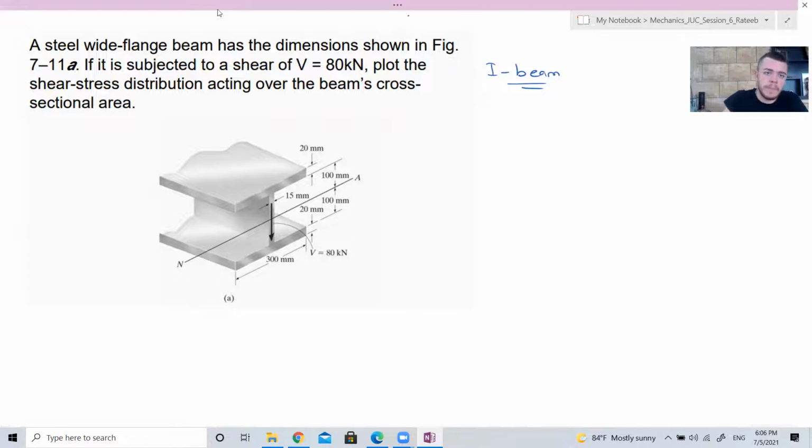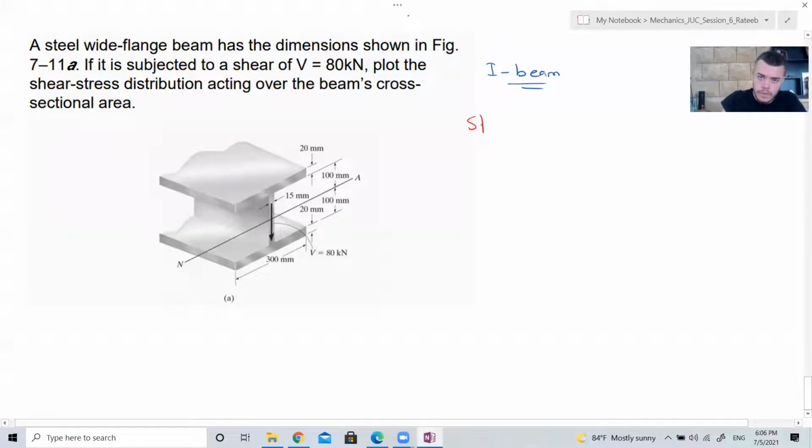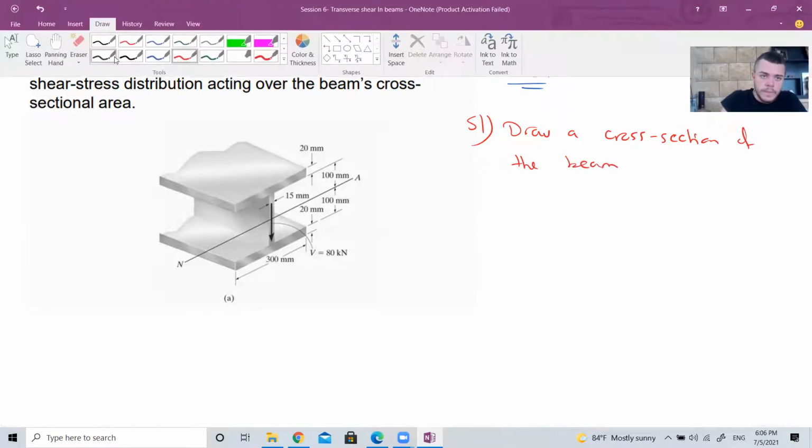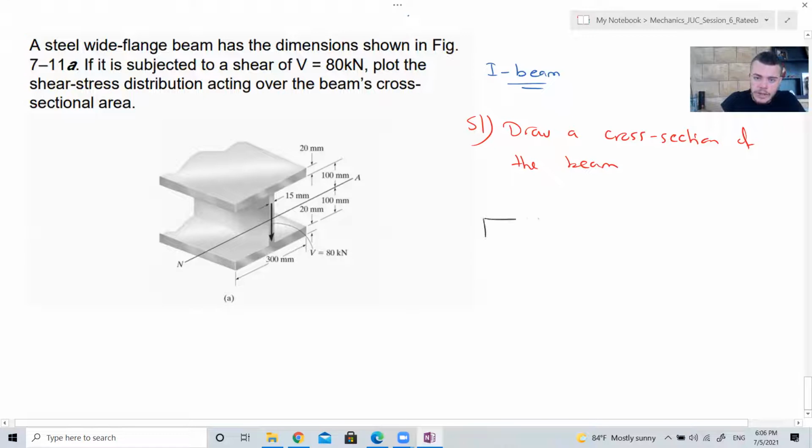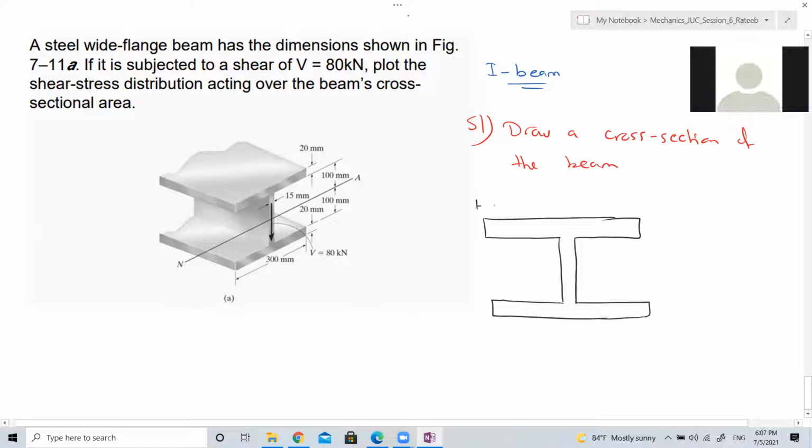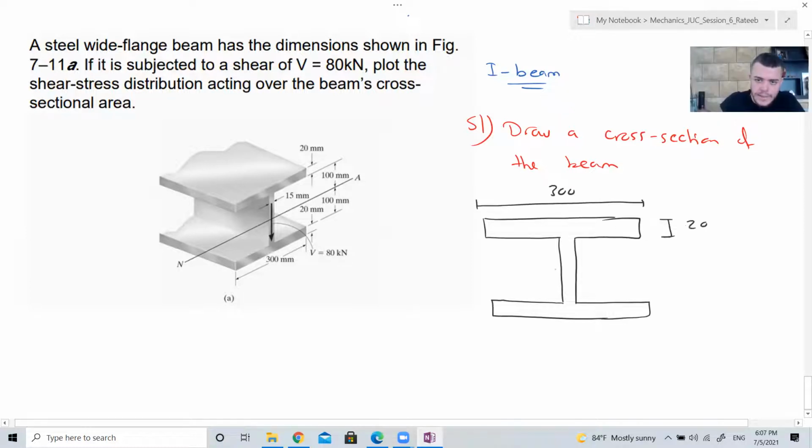So the first step, step 1, is to draw a cross section of the beam. How should this cross section look? Like this. This is an I beam. Yes. This distance is 300. This distance is 20.